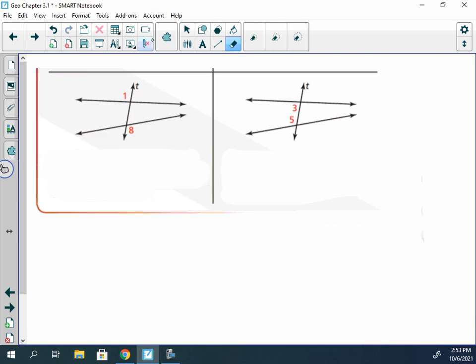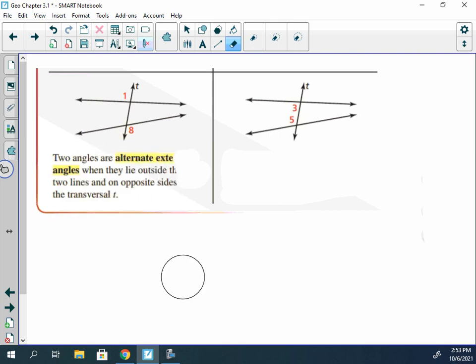What do you think this one's going to be called? Well, they're opposite, aren't they? They're not between, they are outside, so they're alternate exterior, because they're on opposite sides of the transversal and they are outside the line.